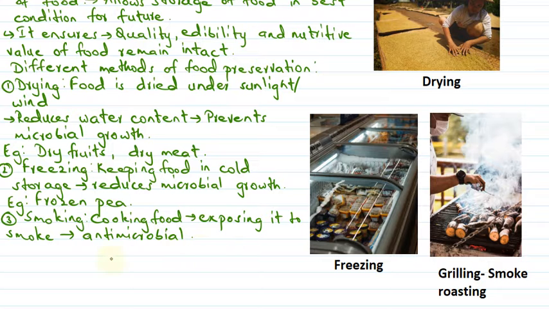The smoke has an antimicrobial nature, thus it prevents spoilage, as microorganisms cannot grow in such food. For example, smoke roasting.